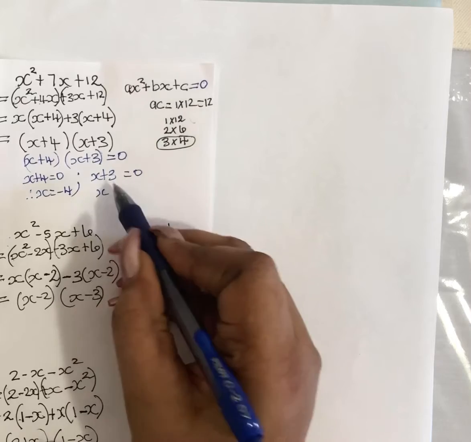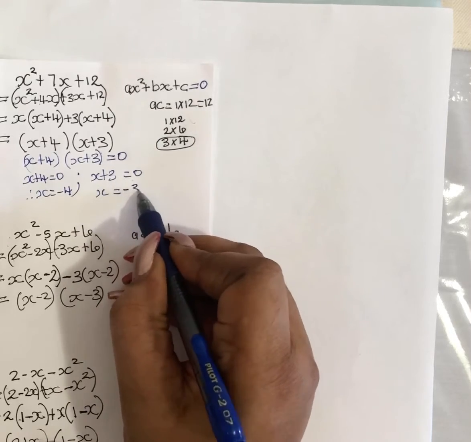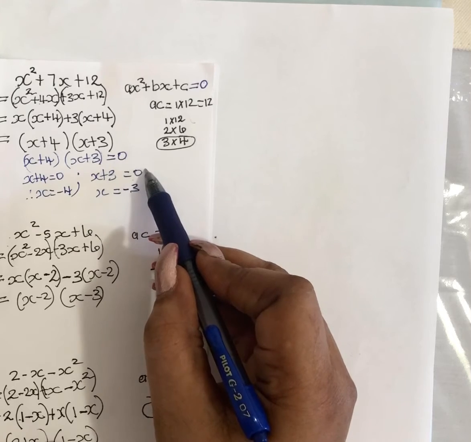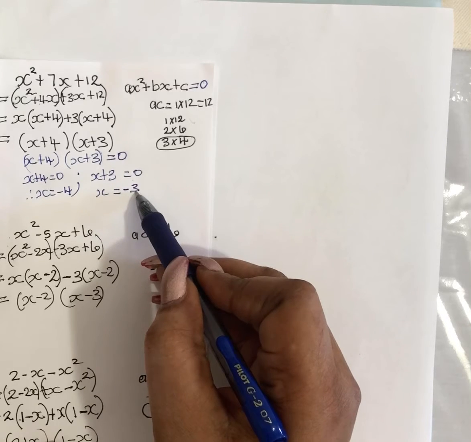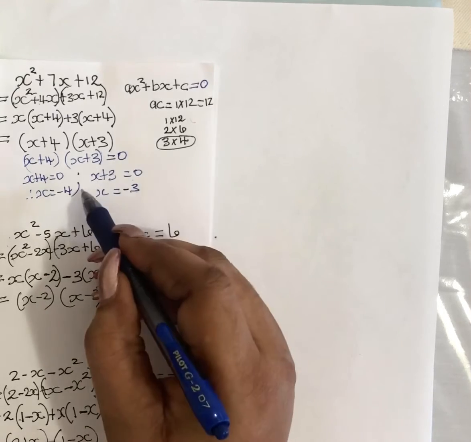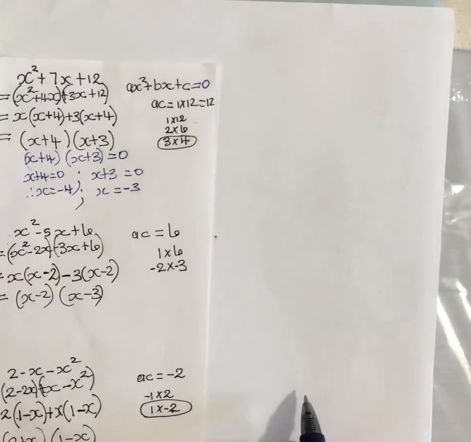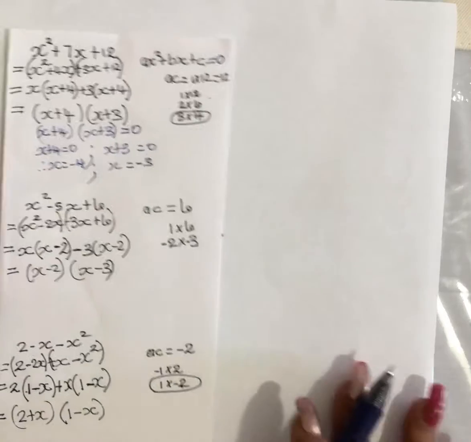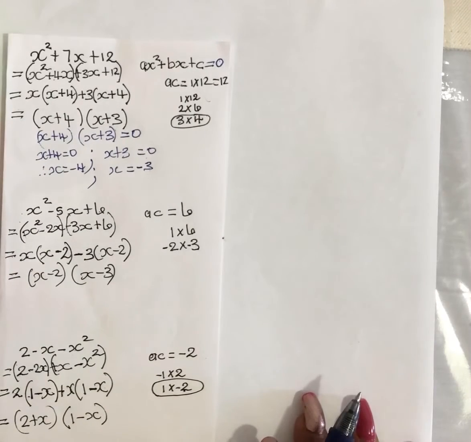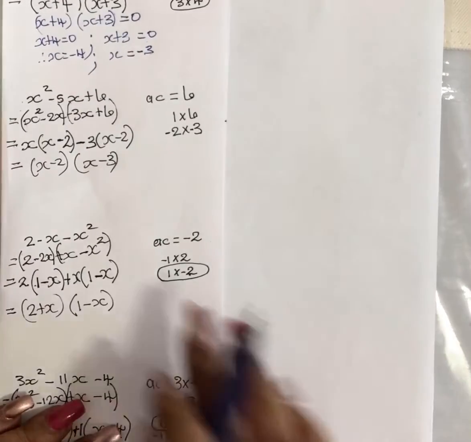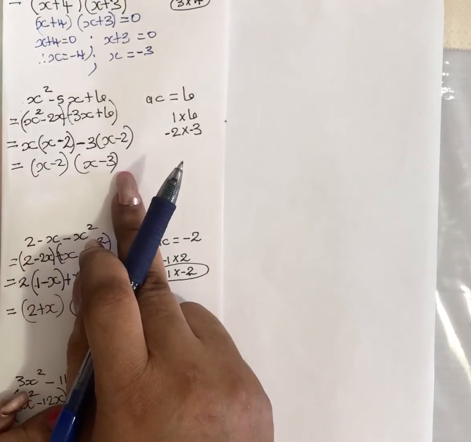And in this case, x will be equal to negative 3, because it's a positive 3. Take it across the equal sign, it becomes a negative 3. So x is either negative 4 or negative 3. And we would have solved the quadratic equation right there using the factorization method.